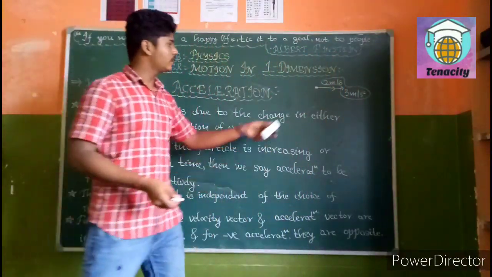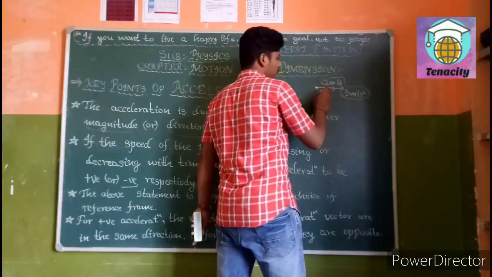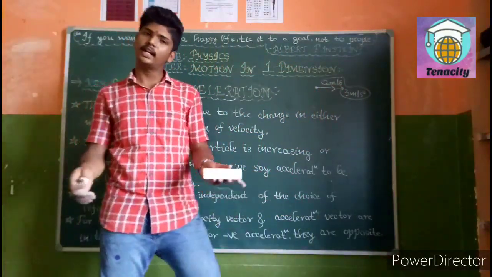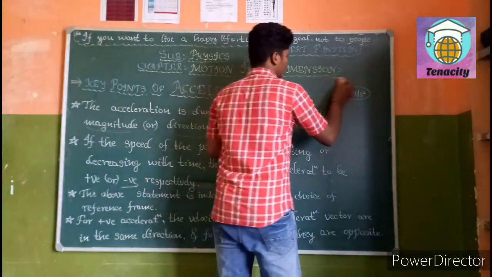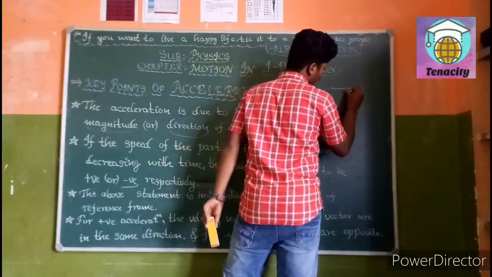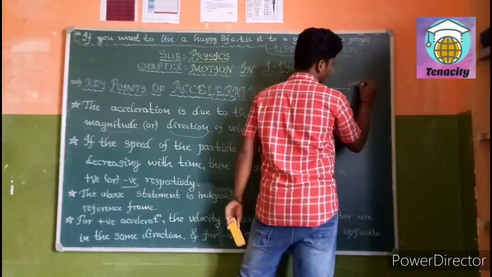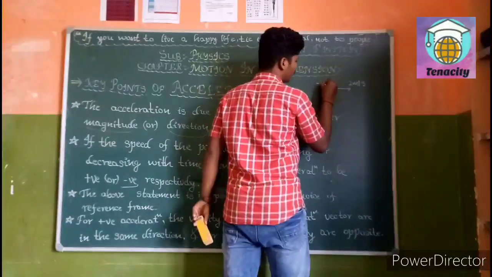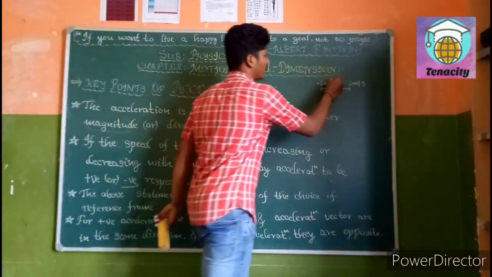Nothing to calculate: when the velocity and acceleration are in the same direction, you can say the acceleration is positive. Now, when the velocity vector is towards the right, 2 meter per second, and the acceleration is minus 1 meter per second square.